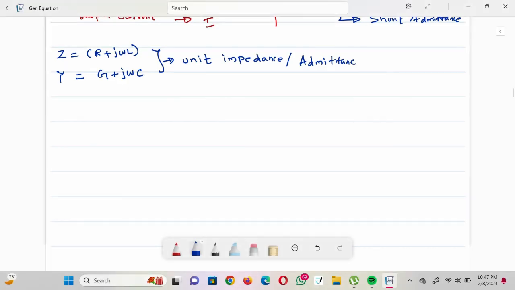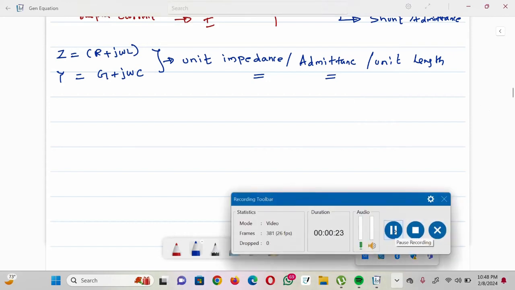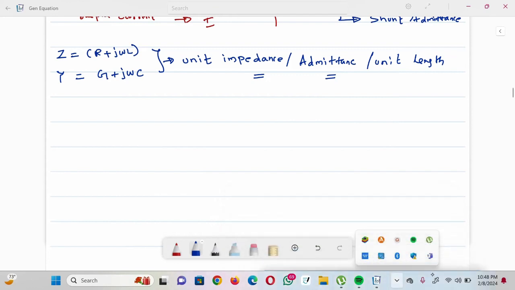This unit impedance and admittance per unit length are the impedance and admittance values. After that, we can consider the same impedance and admittance over a length dx.